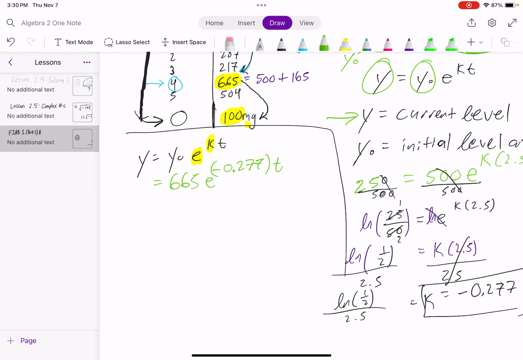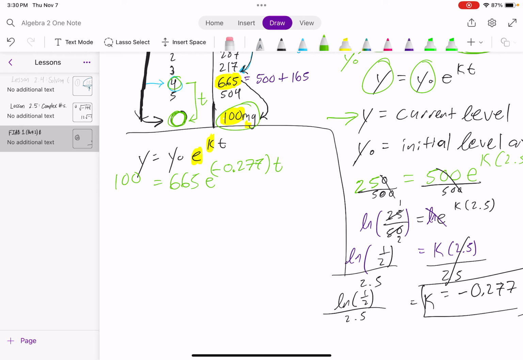Well, that's the final value, right, after the time has elapsed. So the time is going to be calculated from here to here. This is the time, right, from the 4th hour, to this hour. That's the time. So we're going to have our y equaling 100 milligrams, because that's our final value.